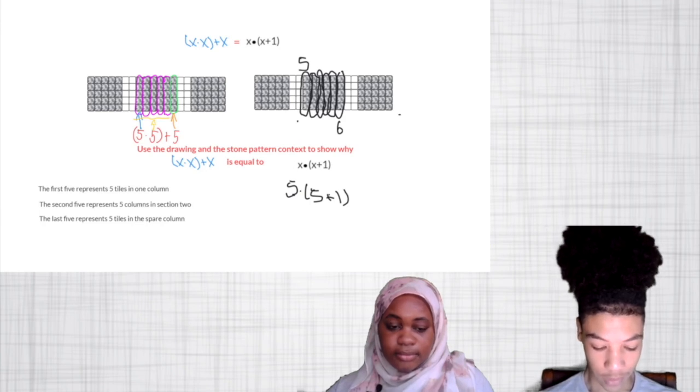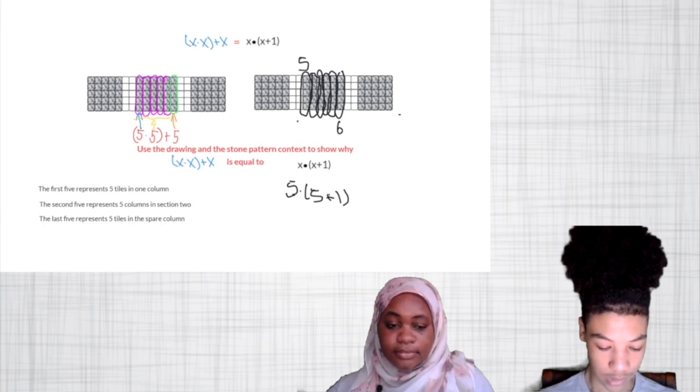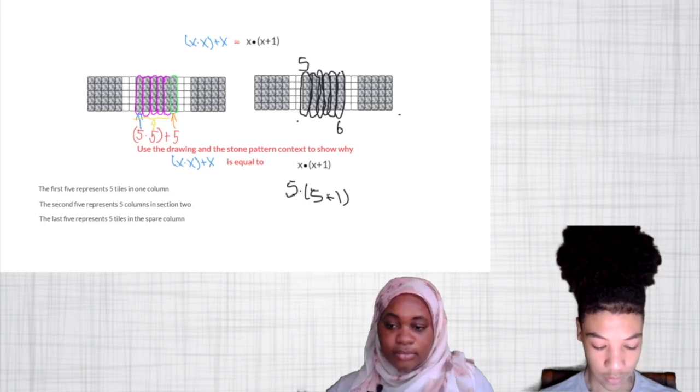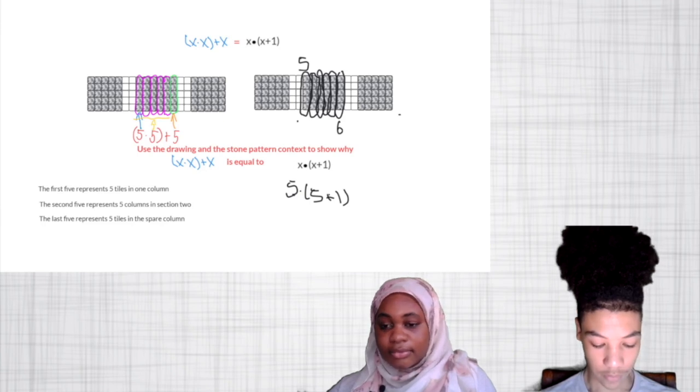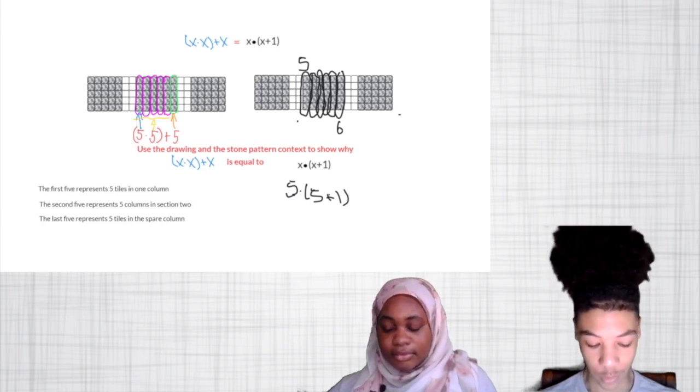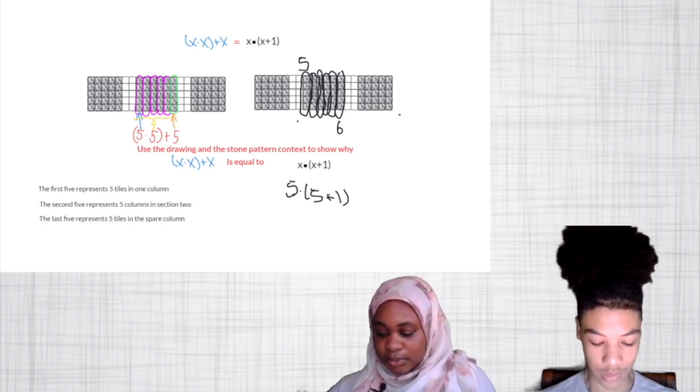And the first 5 in my equation represents the 5 tiles in one column. That's what the arrow is pointing to. And the second 5 represents all 5 columns in purple. And the last 5 represents 5 tiles in the last spare column. And for more clarification, if you didn't understand, I wrote some stuff at the bottom.